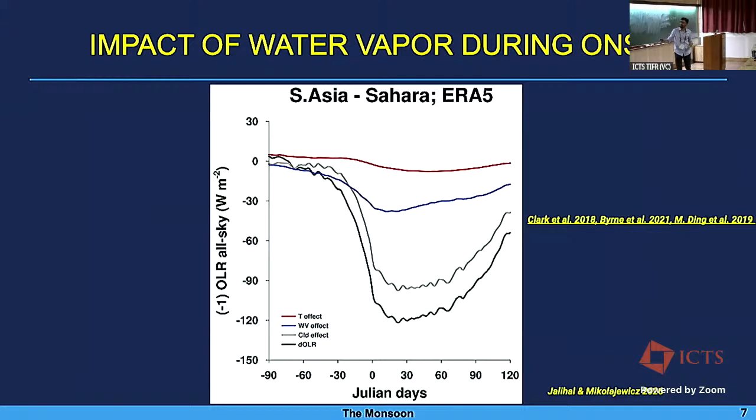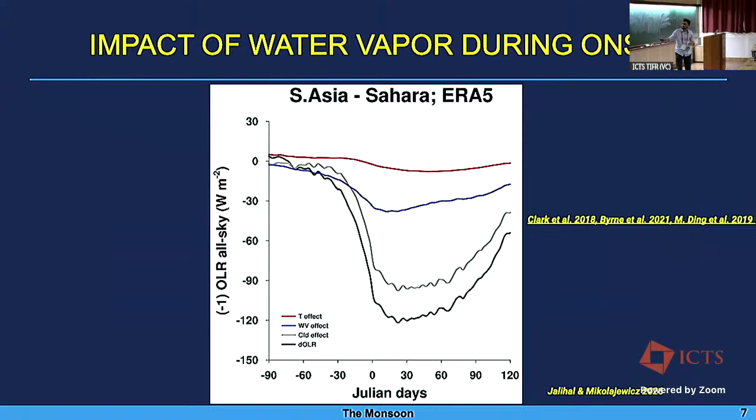What you are seeing is the difference in South Asia and Sahara of OLR. Now, in black is the total OLR, right? So everything here has been aligned to the onset date. So the 0 is the date of onset. This is pre-onset, 3 months before onset, and this is further into the season. Now, this has been broken down into 3 components: effect of water vapor, clouds, and temperature. This actually includes temperature from surface and atmosphere put together.